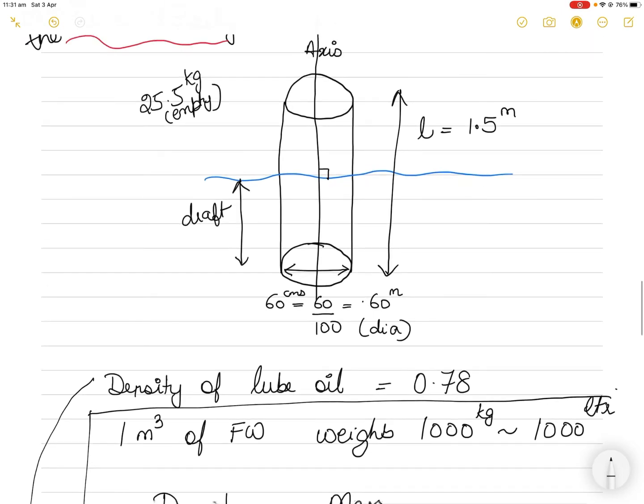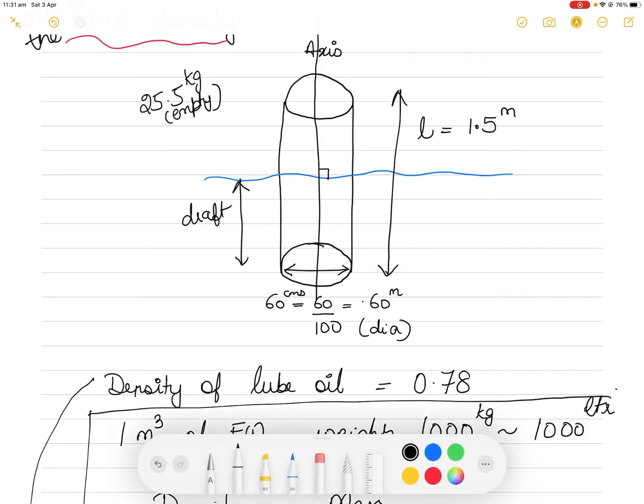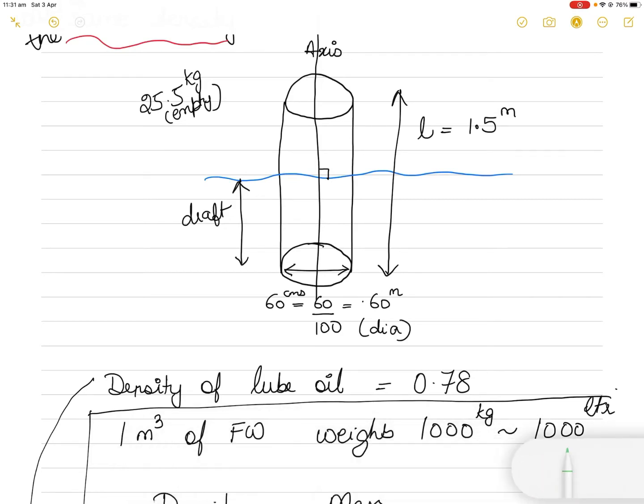Now what has happened here is that lube oil has been filled into the drum, right? So I'll just use a different color pen here. Let's use green. So I have filled lube oil into the drum here. Let's call it lube oil. All right. Now how much of the lube oil has been filled? 350 liters.